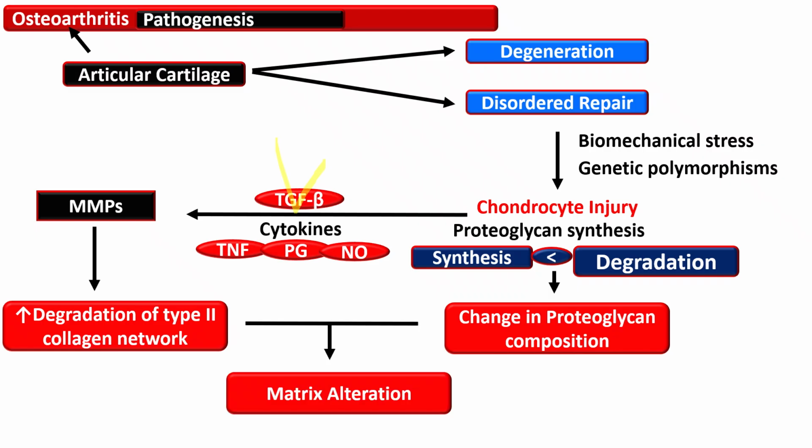There are also other soluble mediators liberated, and these are TNF, prostaglandins, and nitric oxide, and there is also a low level of inflammation, which contributes to the insidious nature of this disease due to alteration in the matrix.